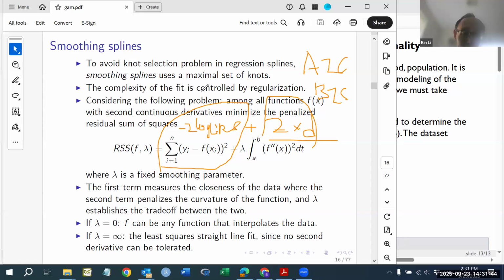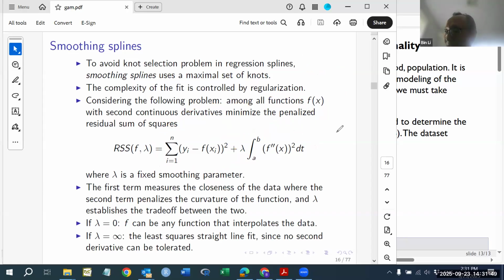So you can see this idea is similar to the AIC, BIC. And plus, it is very similar to what? Lasso, ridge, elastic net, we also talked about. Remember, what is the lasso, ridge, elastic net? So what's the first term? The first term is exactly the same, that's the SSE.